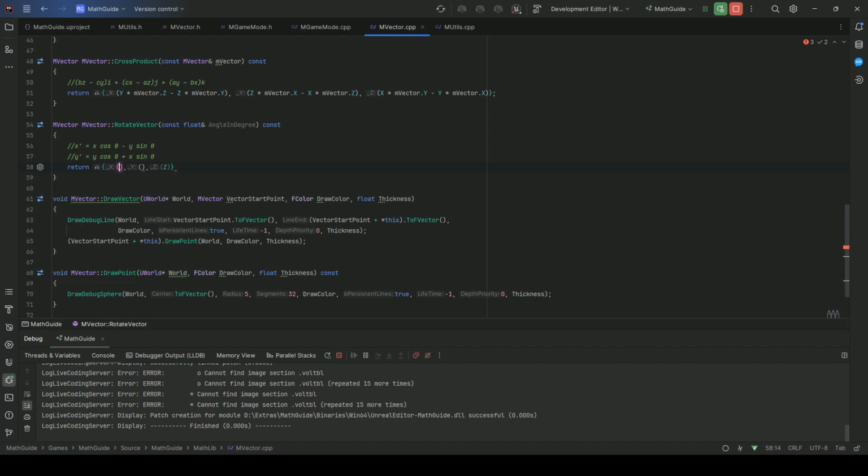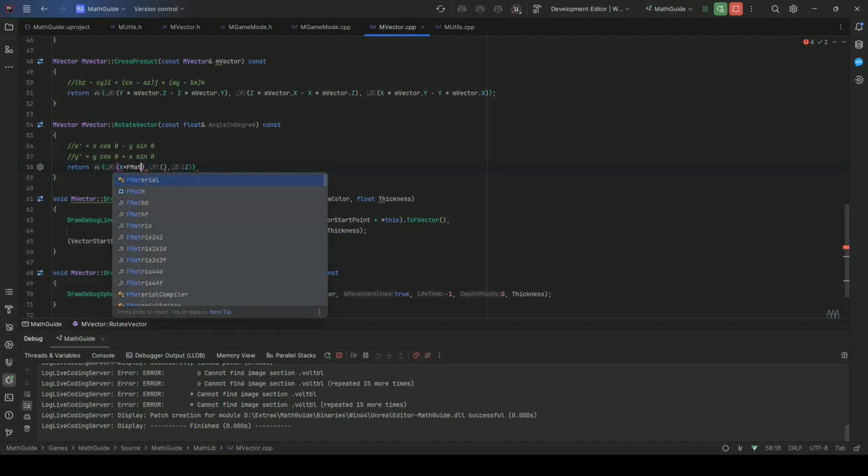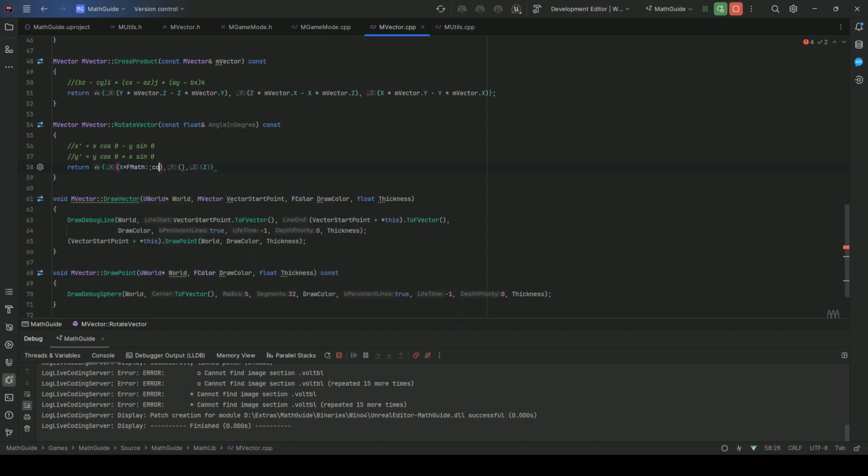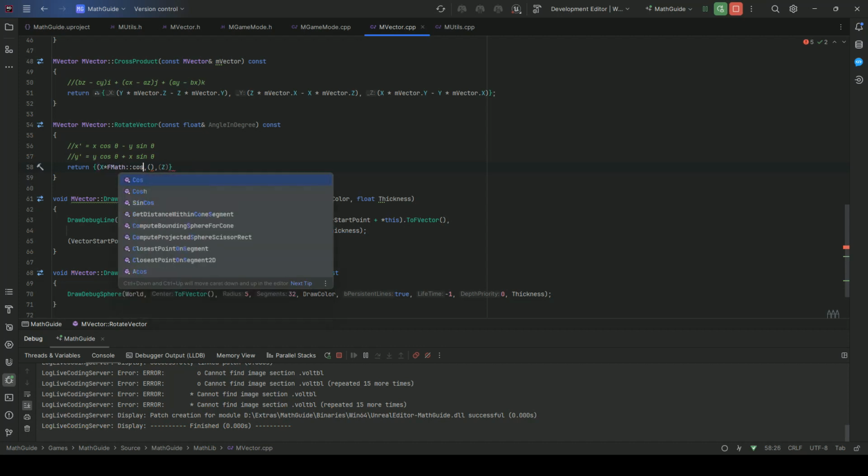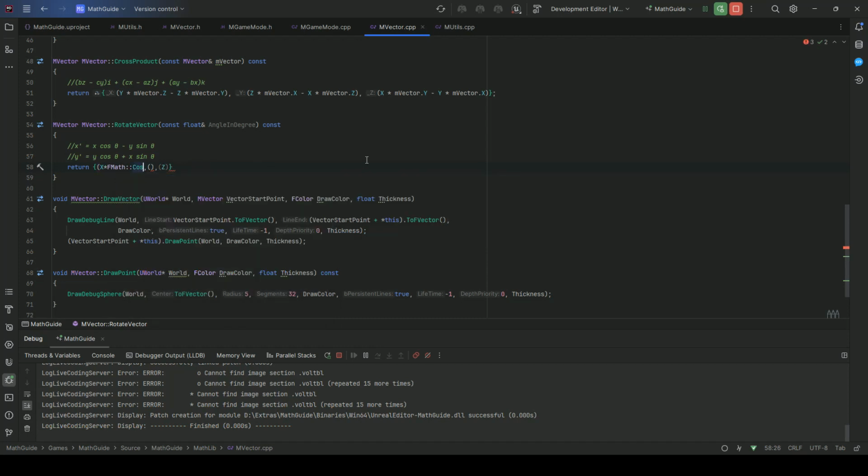So x multiplied with cos theta. In our case, when we calculate the cos theta, it will be FMath::Cos, and it accepts the radian value.